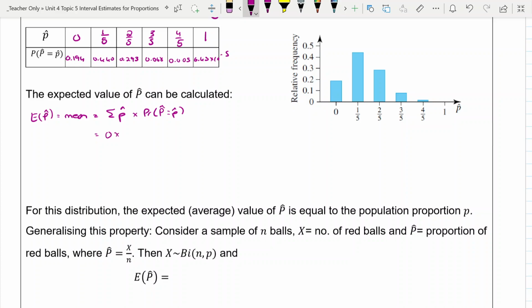That would be 0 times 0.0114, plus a fifth times 0.440, plus 2/5 times 0.440, plus 3/5 times 0.068, plus 4/5 times 0.005, plus 6.45 times 10 to the negative 5 times 1, obviously, and that's going to be equal to 0.25.